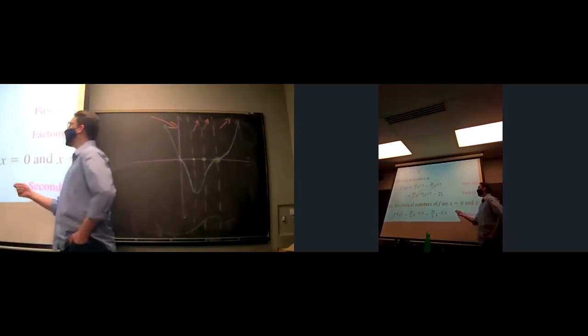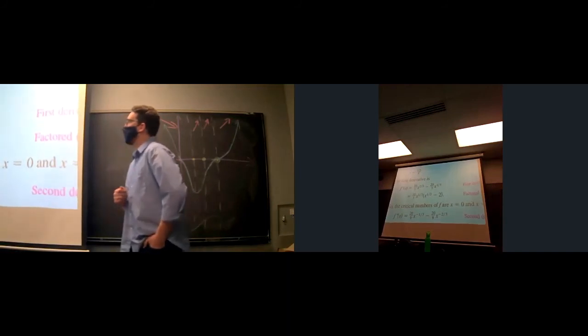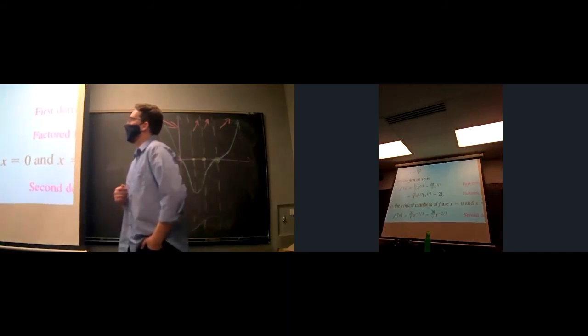When you do, you're going to immediately see that this factor here tells me that I'm going to have a critical number at my origin. And this one, it's going to tell me I have another critical number at 8.